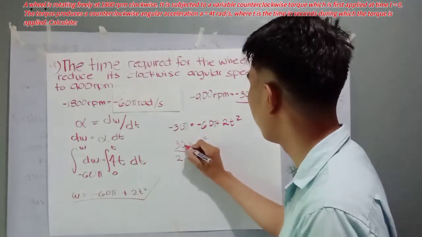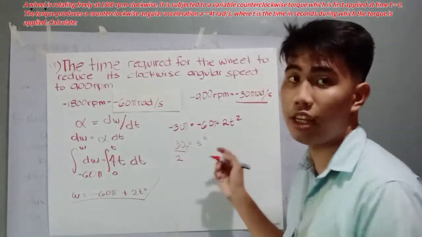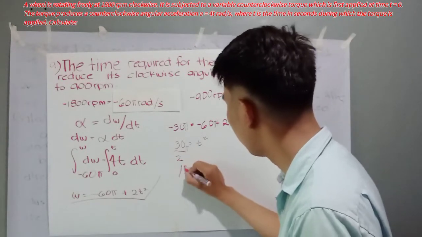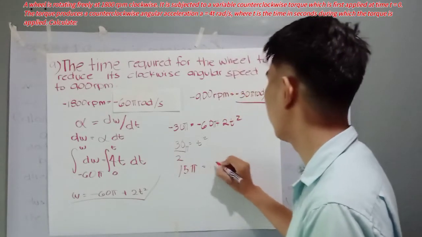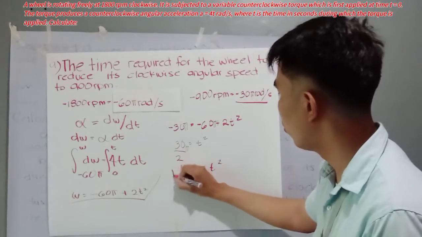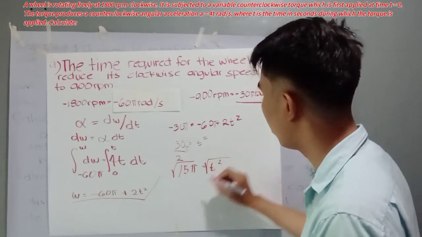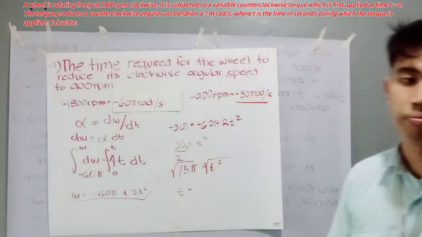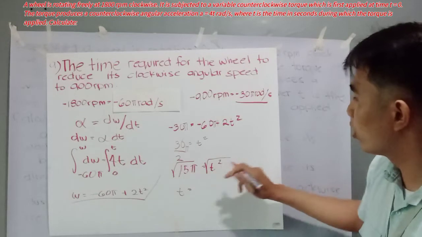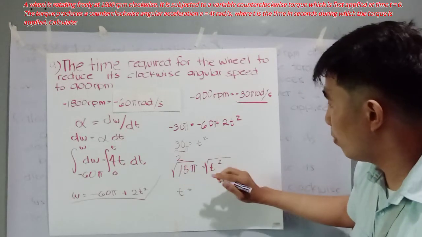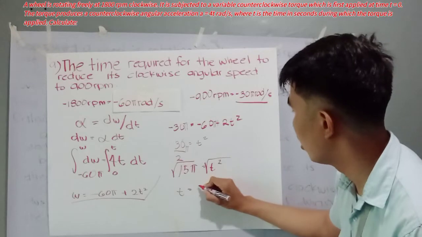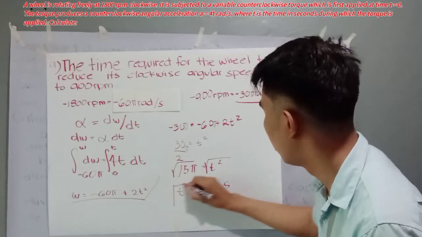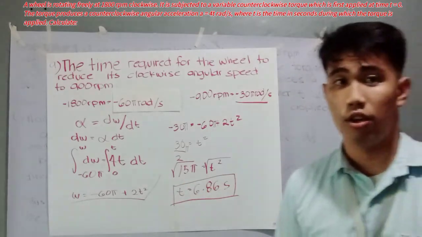Taking the square root of both sides, we get t equals the square root of 15 pi, which is 6.86 seconds. So this is the answer for letter A.